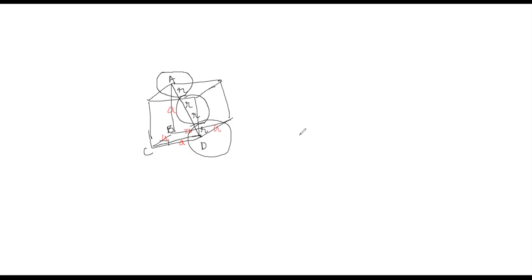if you look into the triangle CB, I think I have joined it incorrectly. CBD, let us look into the triangle CBD, my dear students.